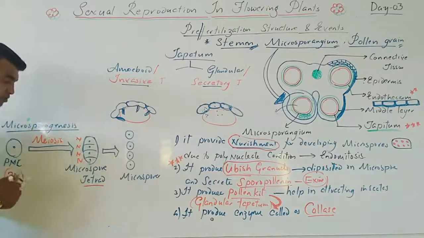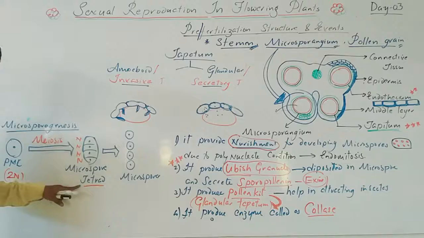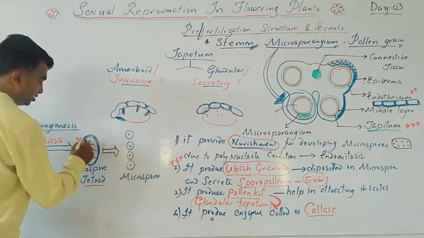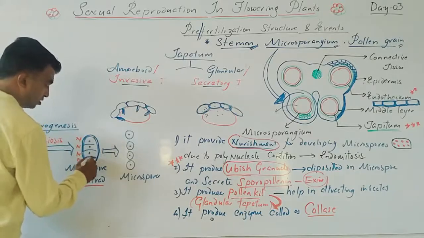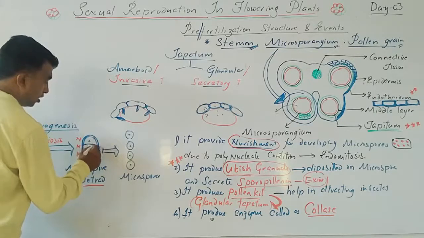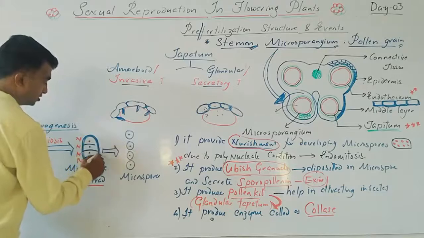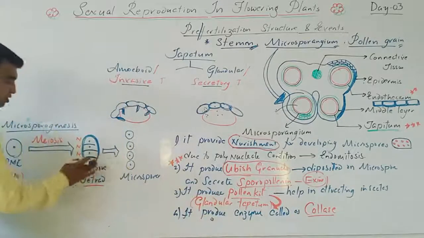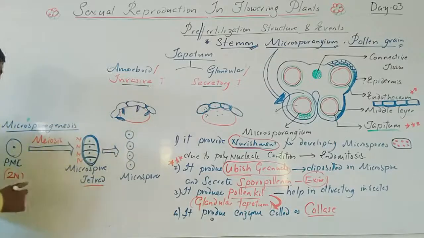Four microspores are produced, and all the microspores are held together by a common bond called callose. Callose is around and in the middle, and all are held together, so separation is impossible. But the callase enzyme will come and dissolve this, and all the microspores separate.